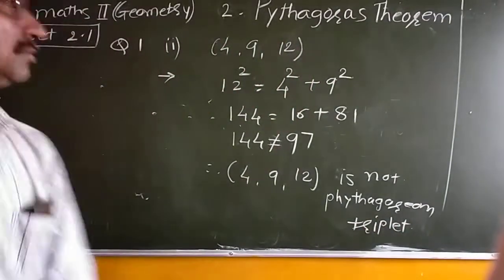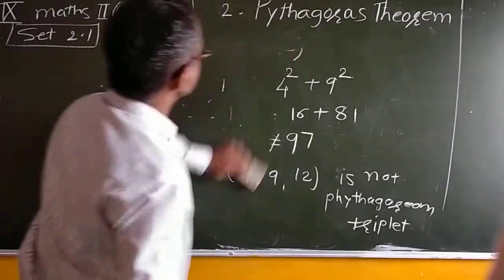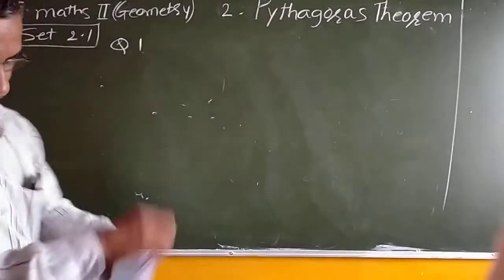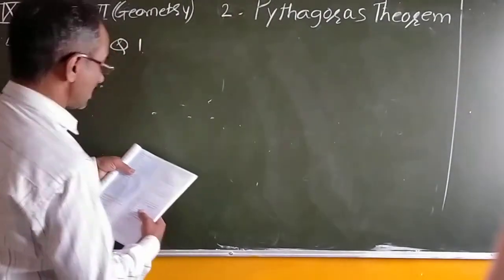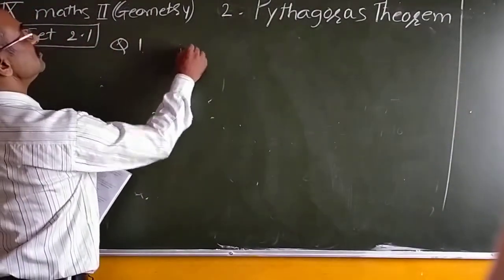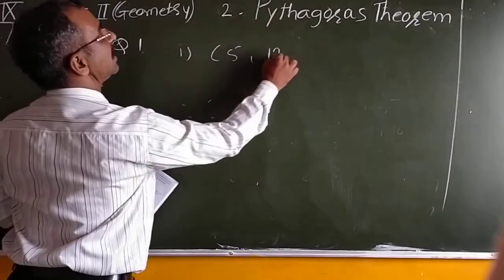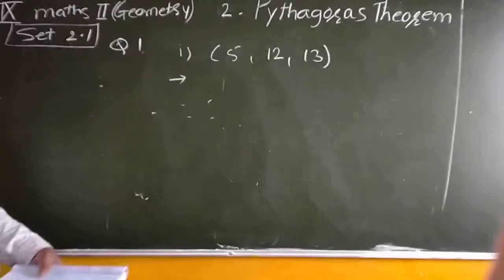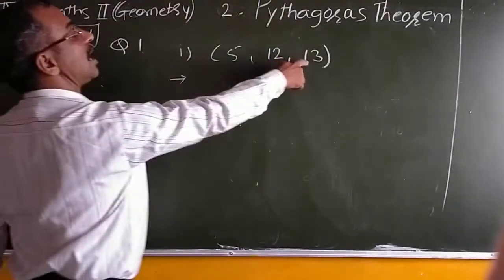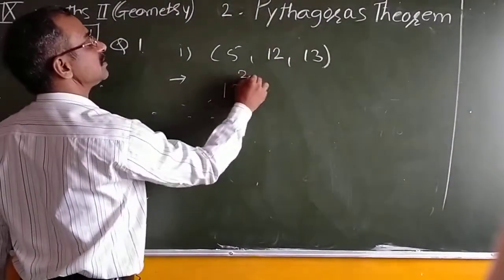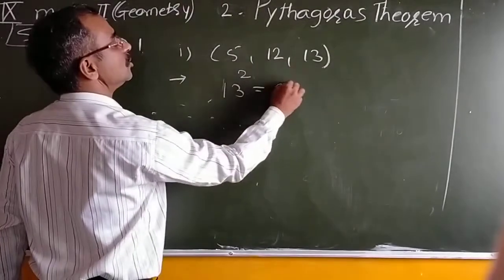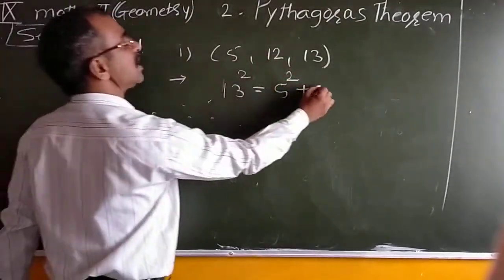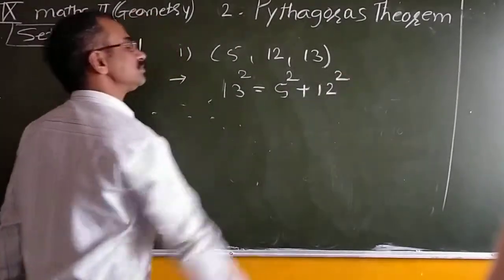Then the third sub-question: 5, 12 and 13. Again we use the same rule. The higher number is 13, and its square should be the sum of the squares of the other two numbers, 5 square and 12 square.